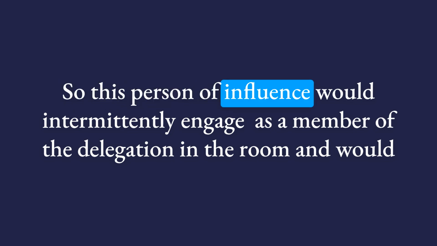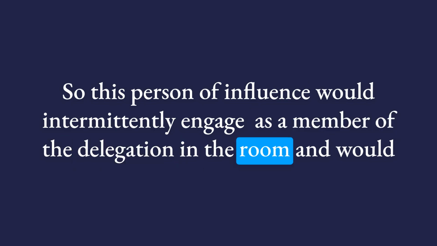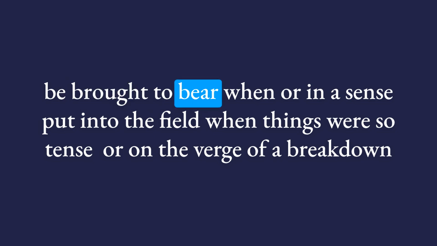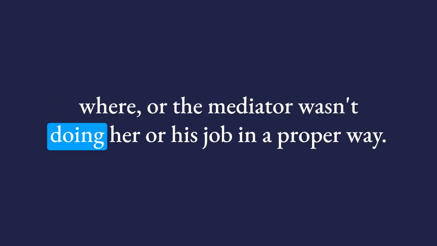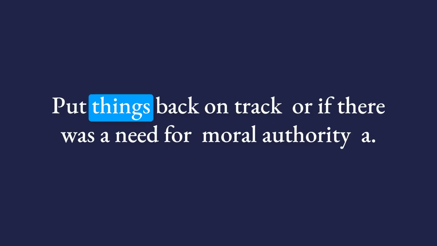So this person of influence would intermittently engage as a member of the delegation in the room and would be brought to bear, or in a sense, put into the field, when things were so tense or on the verge of a breakdown or the mediator wasn't doing her or his job in a proper way. And this person would need to come in and put things back on track.